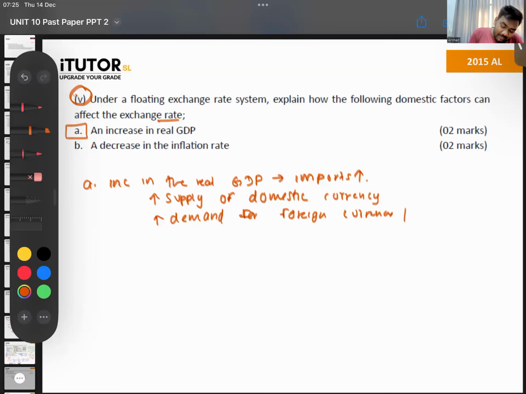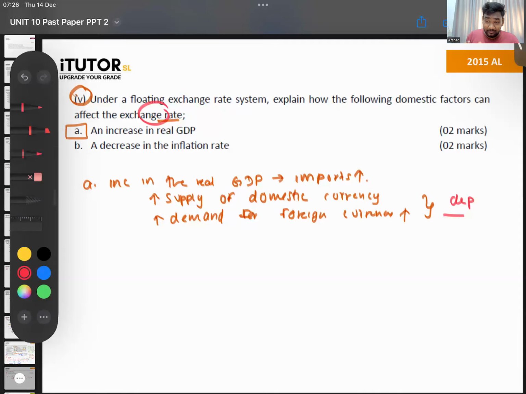So when this happens, what happens? When you're supplying more and more of your domestic currency and demanding the foreign currency, what happens to your exchange rate? Your exchange rate starts to depreciate. That is what they are asking. They are asking what will happen to the exchange rate.